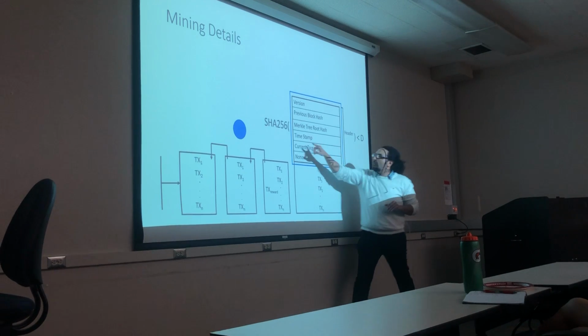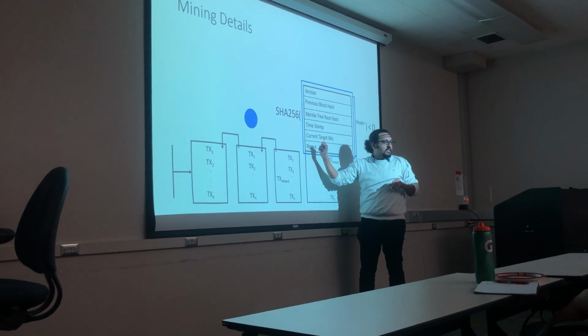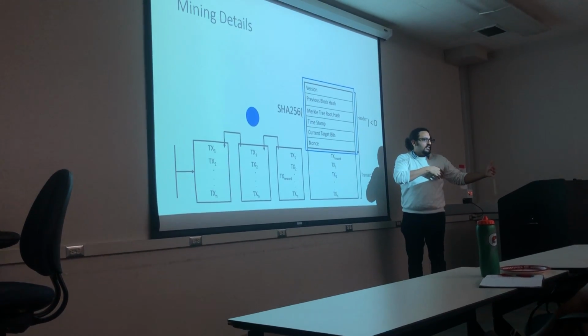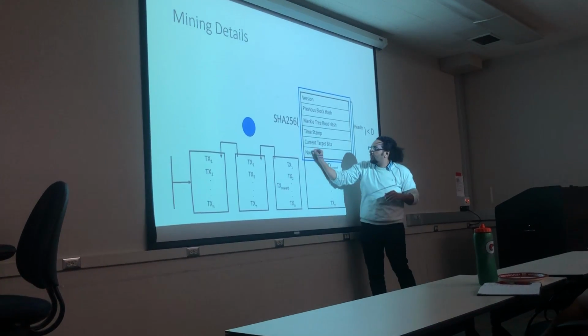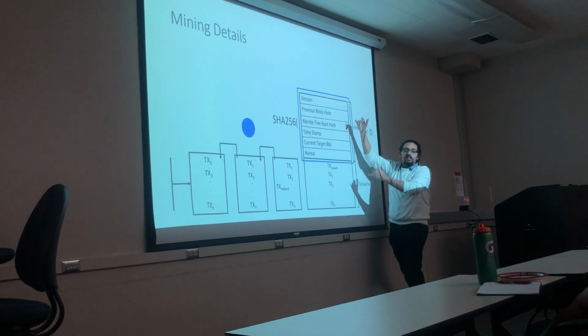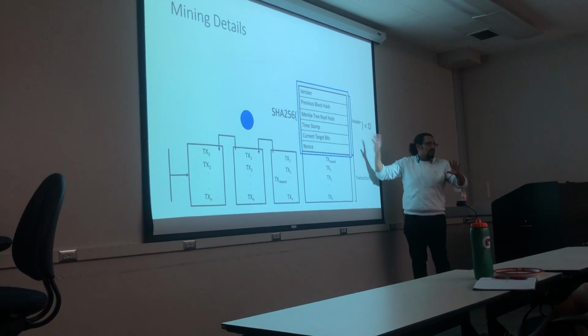As we said, when you use SHA-256, every time you change the input, the output will change. So we are searching for the nonce such that when you hash the whole header, the result will be less than some number. We'll call it the difficulty number.